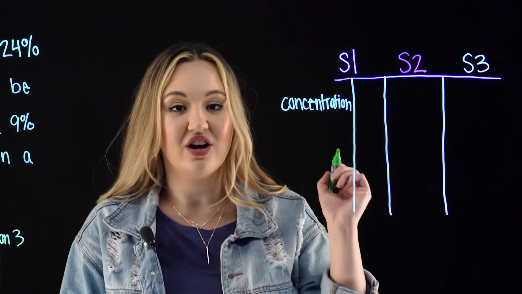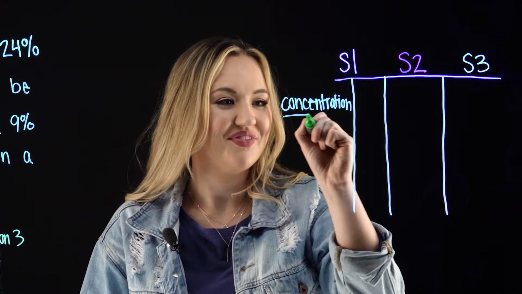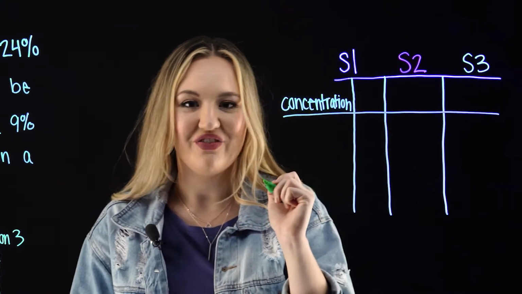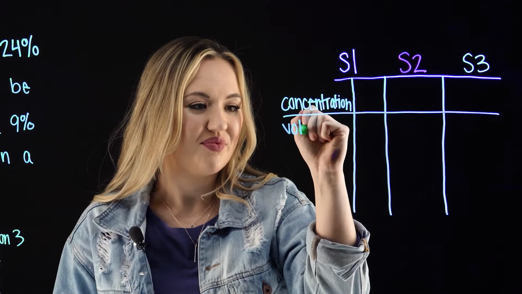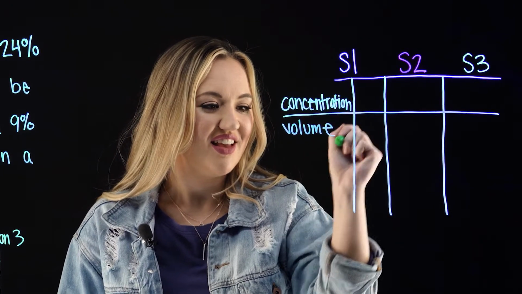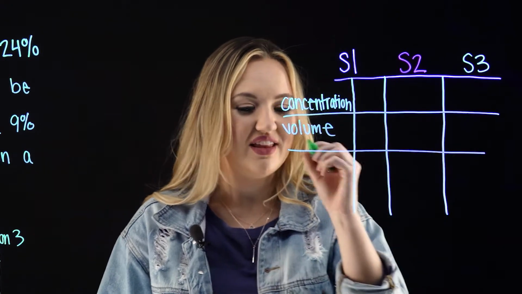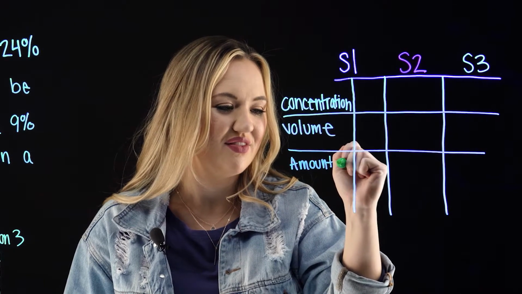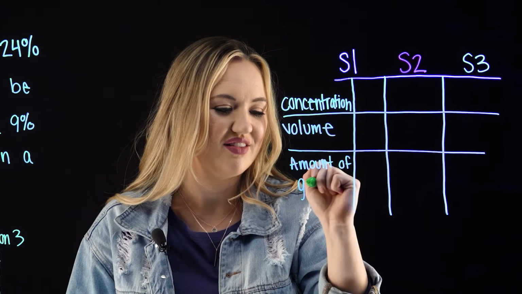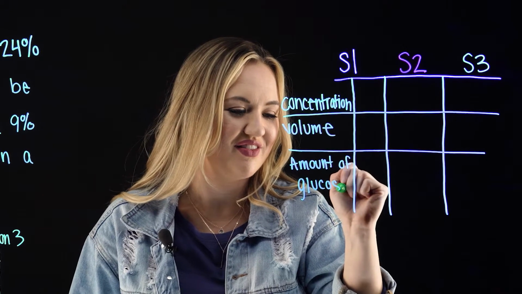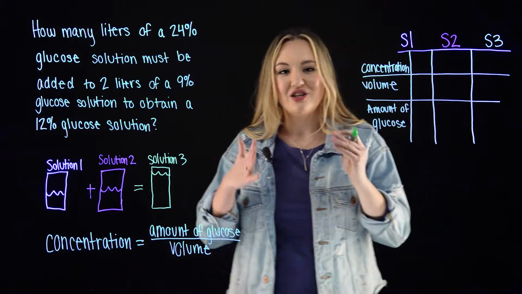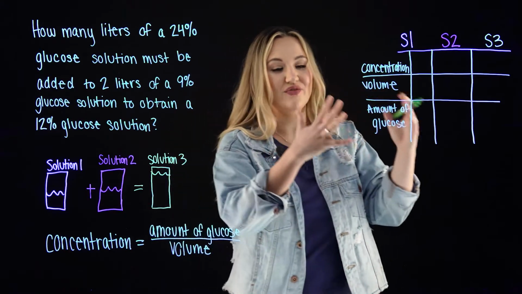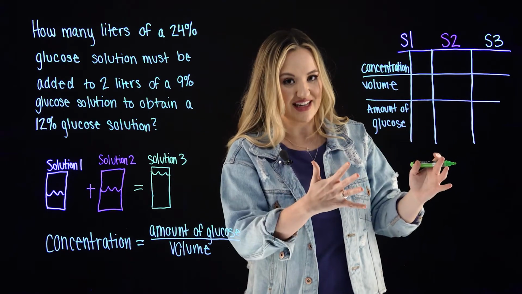So we want to find the concentration of each solution, the volume, and the amount of glucose in each. So let's use our stem to get this information and organize it.